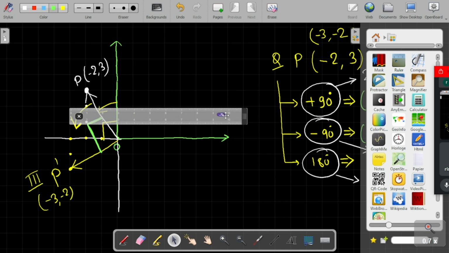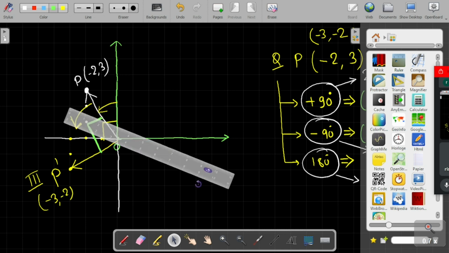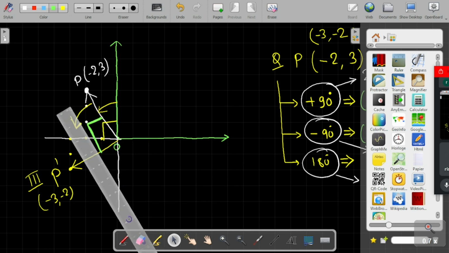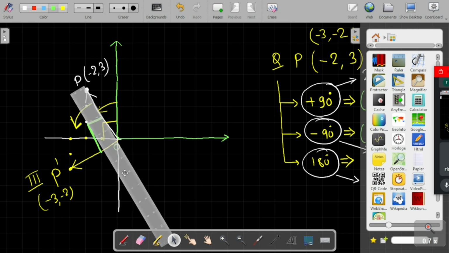See, I'm going to measure this. Have you seen such an application?